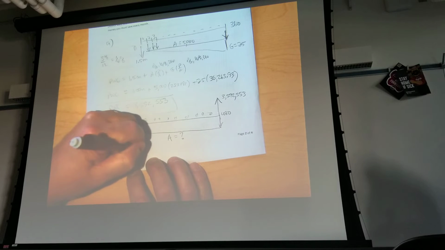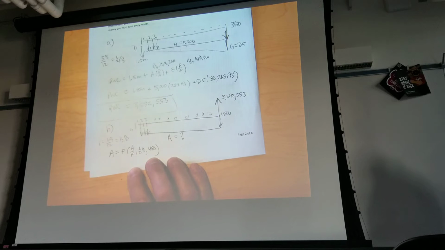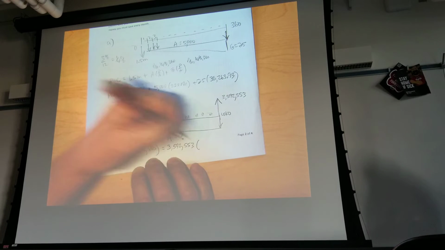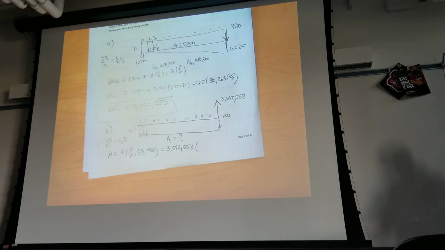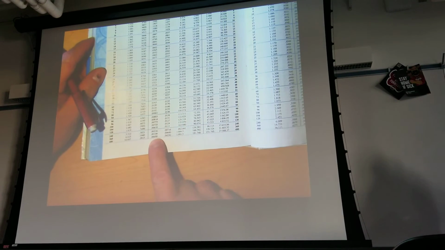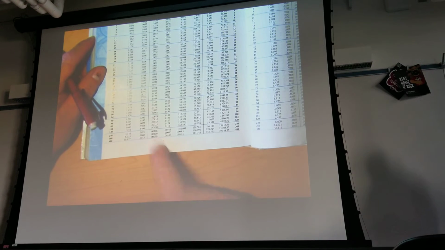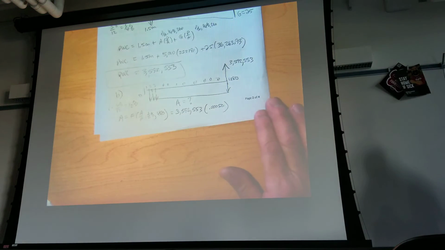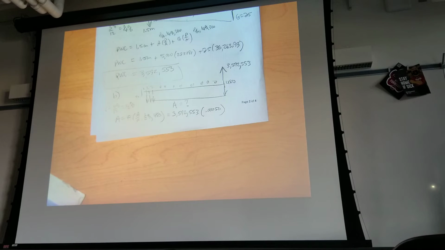So A over F, 0.5%, 480 equals 3,592,553 times 0.5%, we need A over F. All the way down to the last row is 480. 0.00050. $1,796 per month.